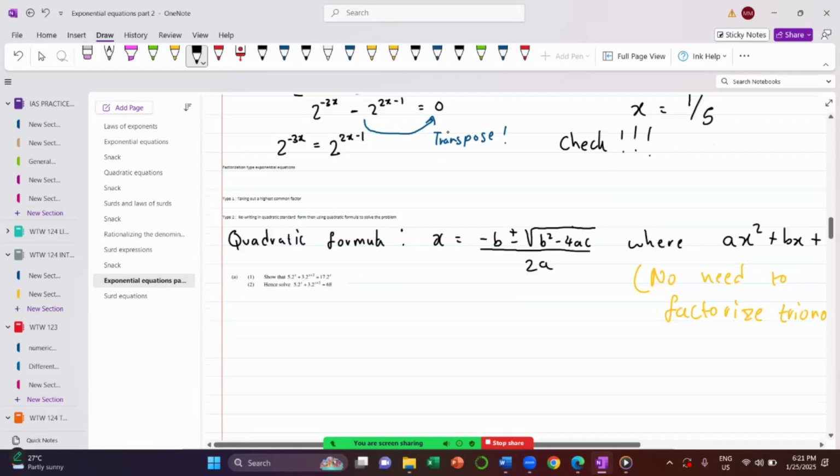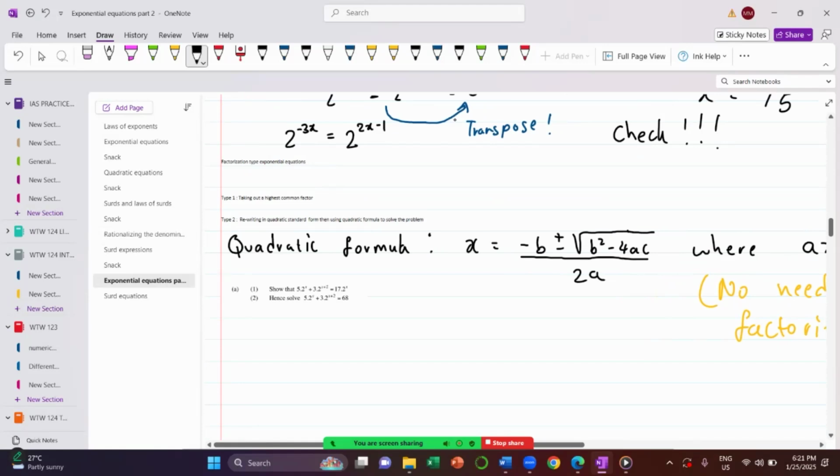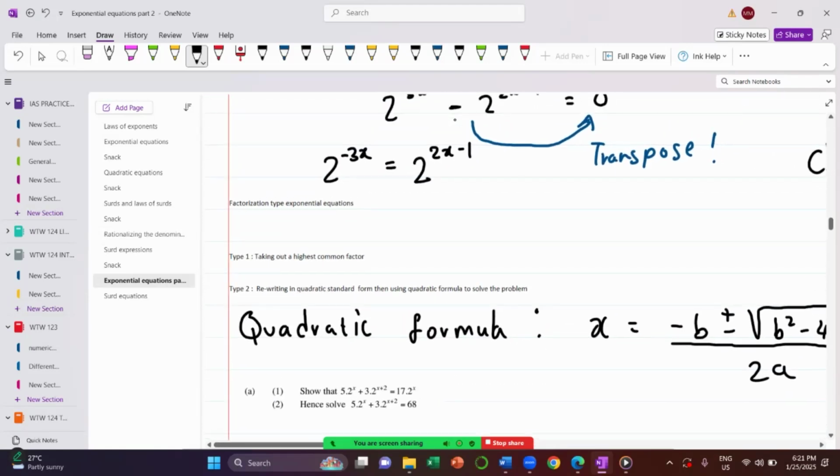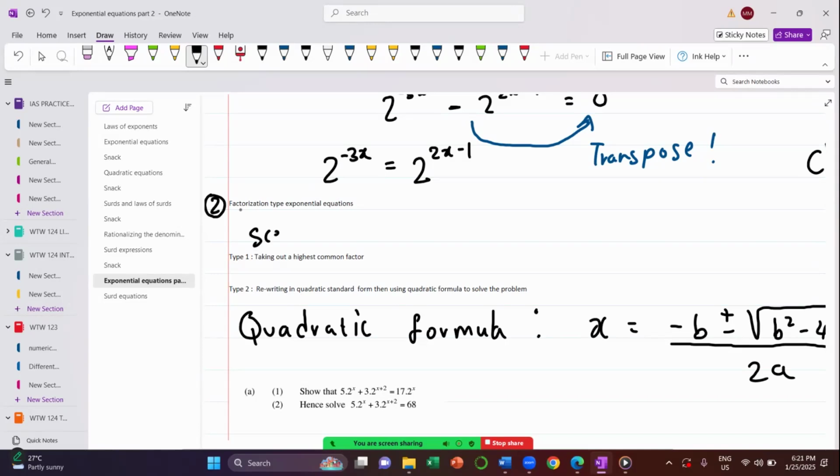So now I'm moving on to the concept of grade 11 exponential equations, right? These ones are normally called factorization type exponential equations. With factorization type exponential equations, there's normally a type 1. Here I'm giving you guys scenarios.